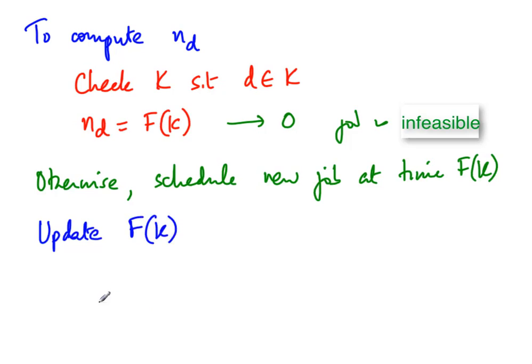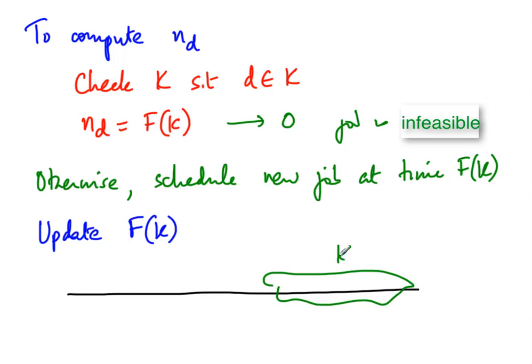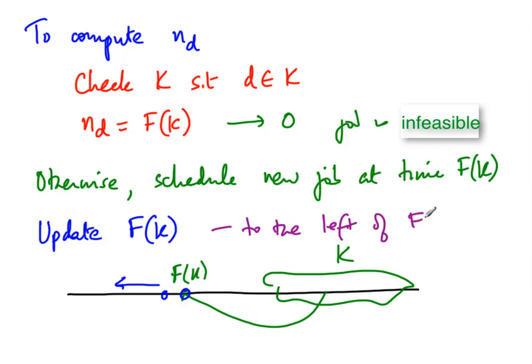Well, see, we had this interval and somewhere we had this set k and it was pointing to a position f of k. This was the first free slot to the left. So now the next free slot must be further to the left. So if I go to f(k) minus 1, it must be somewhere on this side, right? So this value, the new value, is going to be to the left of f(k) minus 1.